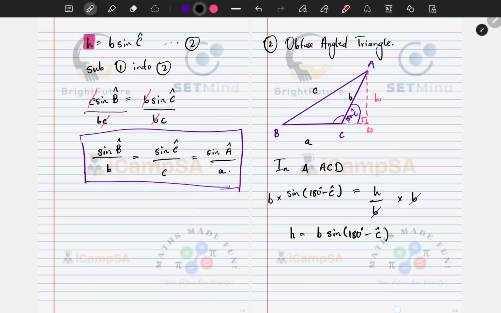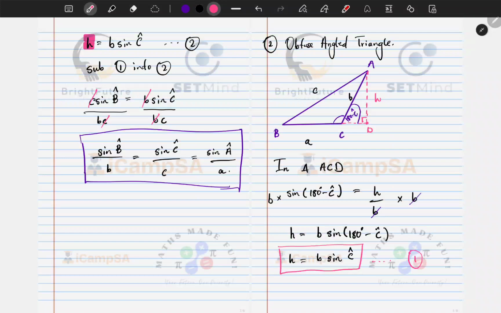So I'm going to have H is B sine of angle C. Great. So now I have this, and I'm going to call it equation 1.